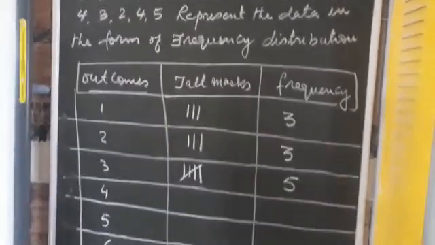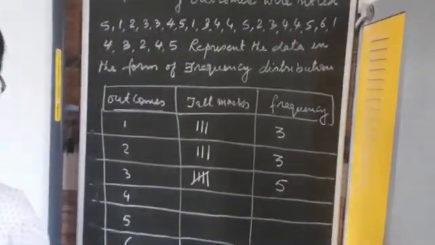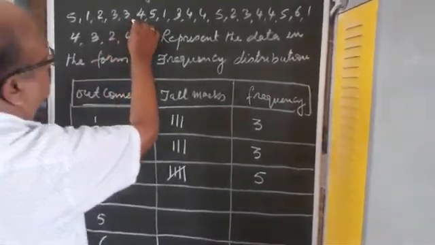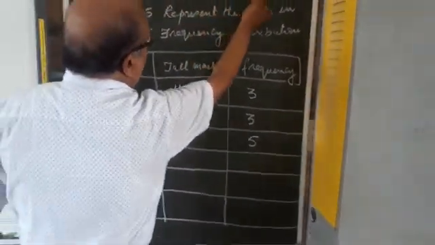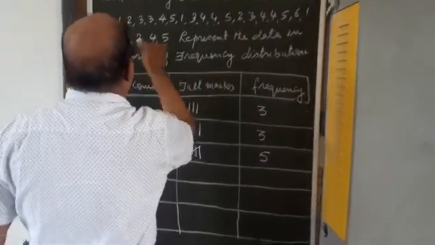Then 4. How many times is 4 occurring? 1, 2, 3, 4, 5, 6, 7.